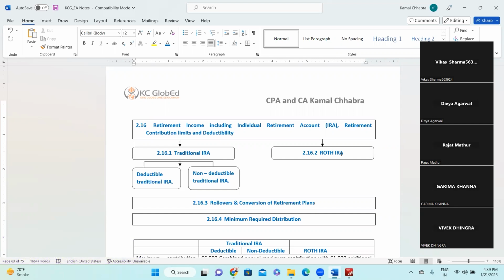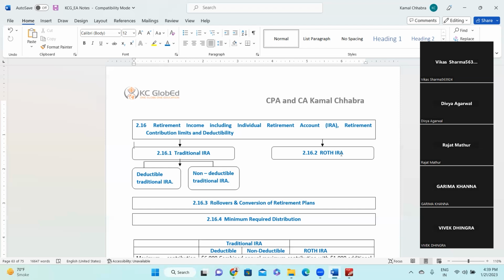Right? Non-deductible traditional IRA means when you contribute to the IRA, but it is not considered in the itemized deduction. That means it is taxable. The amount you have contributed is already taxed as gross income to you, right? So this is the major difference between traditional deductible IRA and traditional non-deductible IRA.